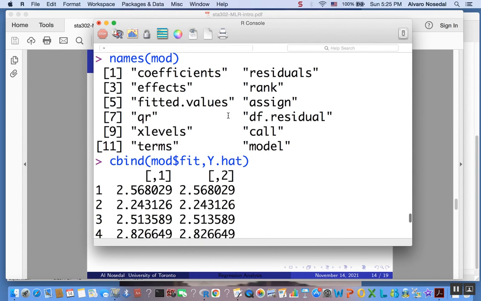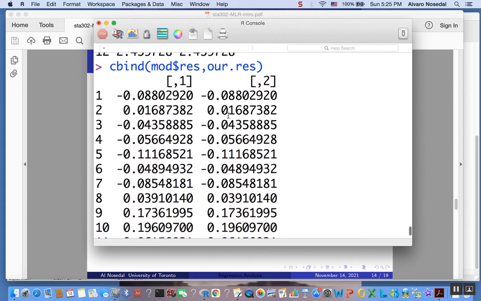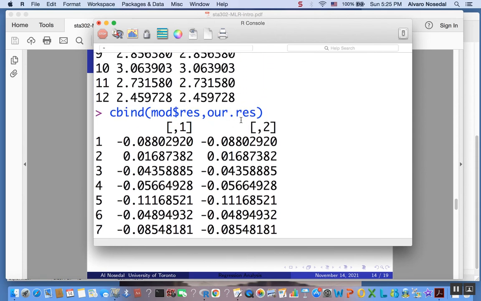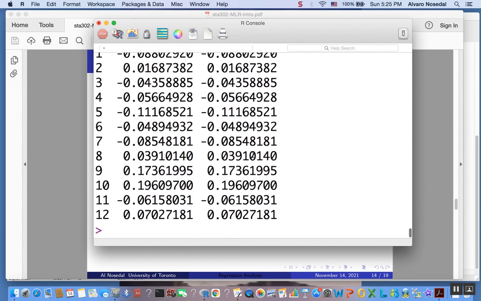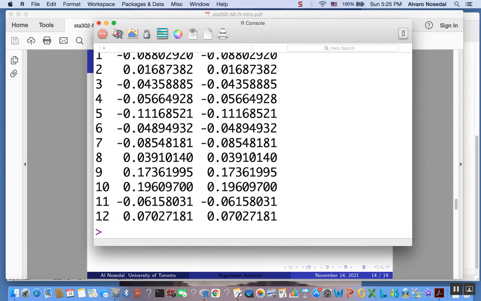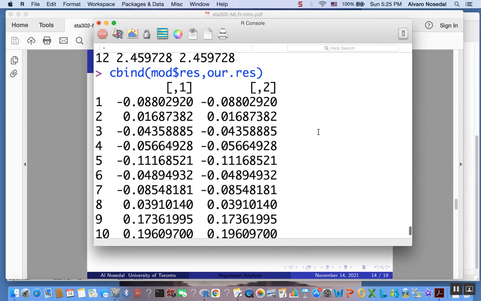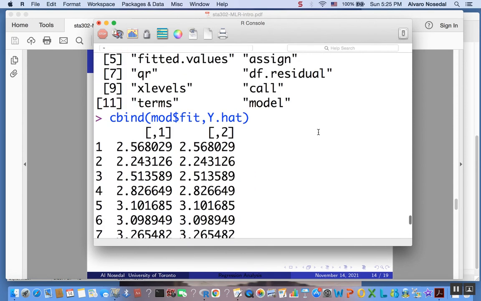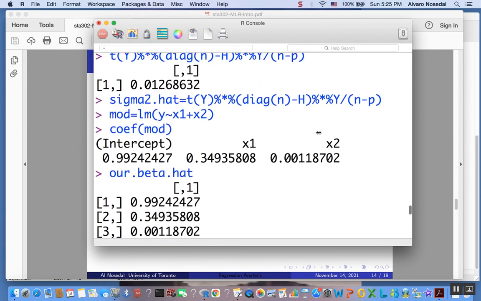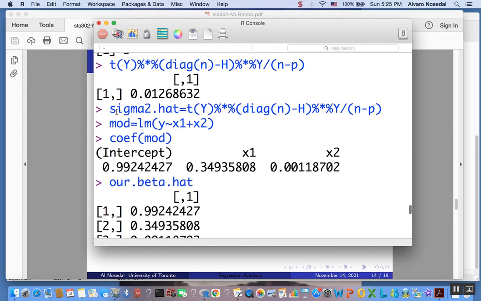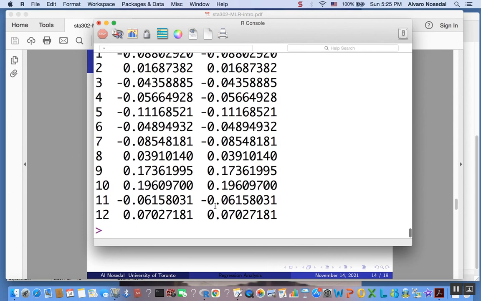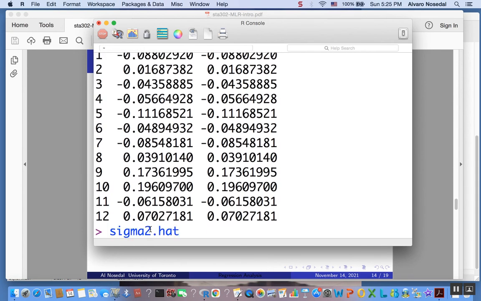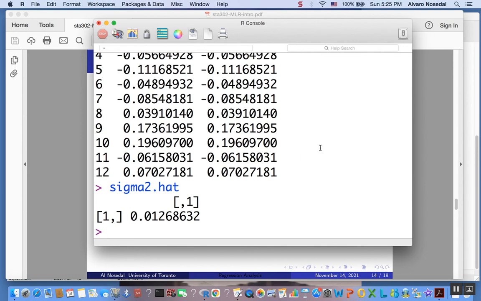Now, since the residuals are the same, our estimator for the variance is going to be the same as the one that you would get using R. We have our sigma squared hat.